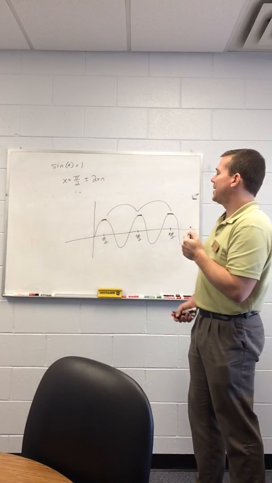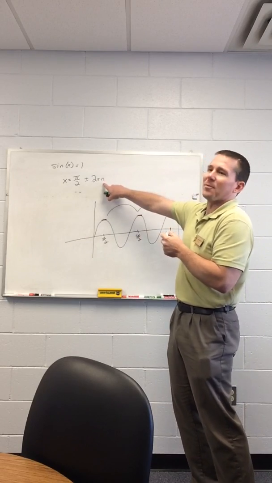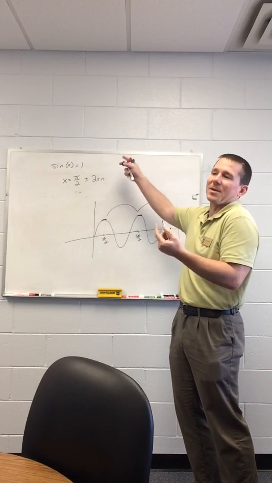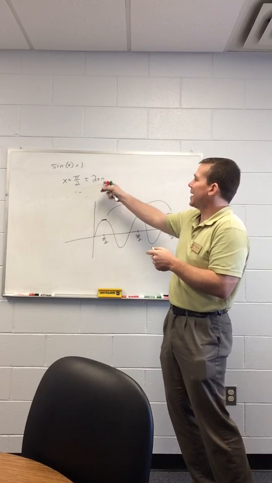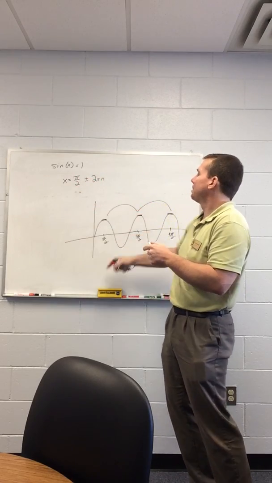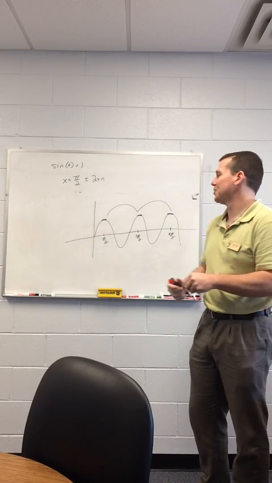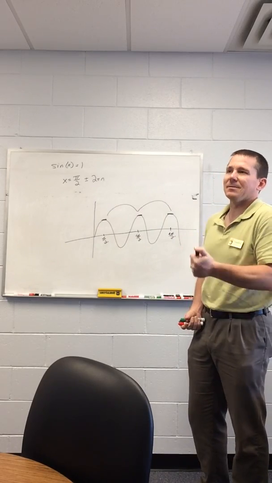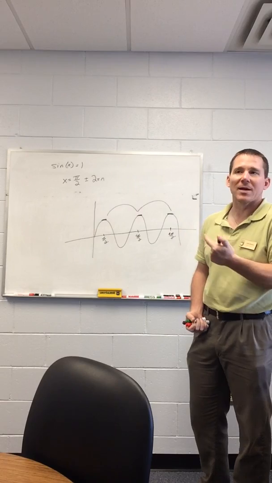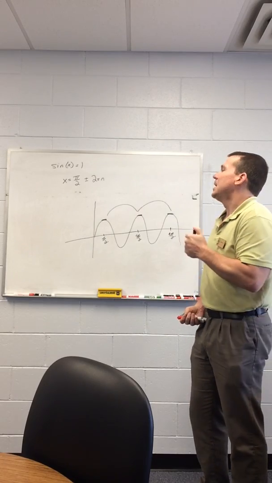Essentially that means, for any value of n, 1, 2, 3, negative 1, negative 2, negative 3, I plug that in and add or subtract it from here. And that will list out all those infinite solutions. It's a nice shortcut way that we use to write things out in trigonometry.